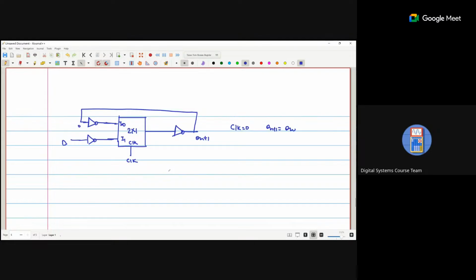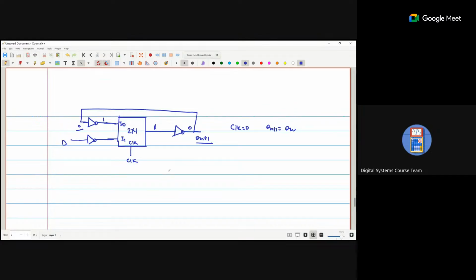Because if you apply zero here, it will go to one. Again, if clock is zero, I0 is selected, I0 is one, so we are getting output as one. Now this one passes through the NOT gate again, so we are getting zero. So my Qn plus 1 is similar to the Q.